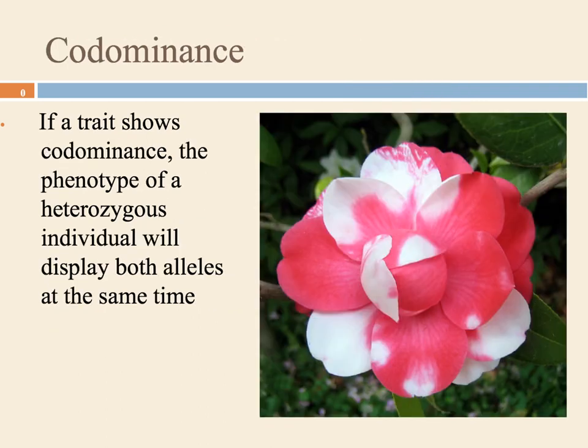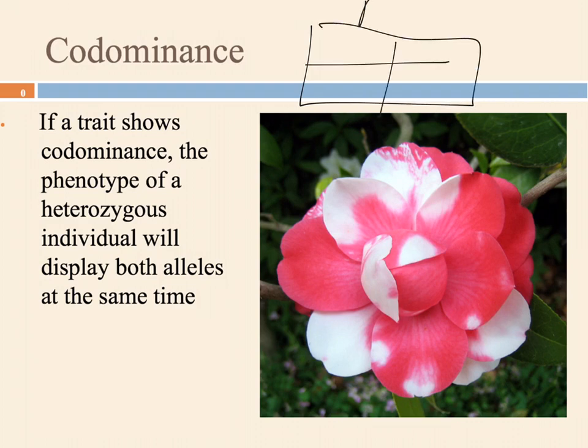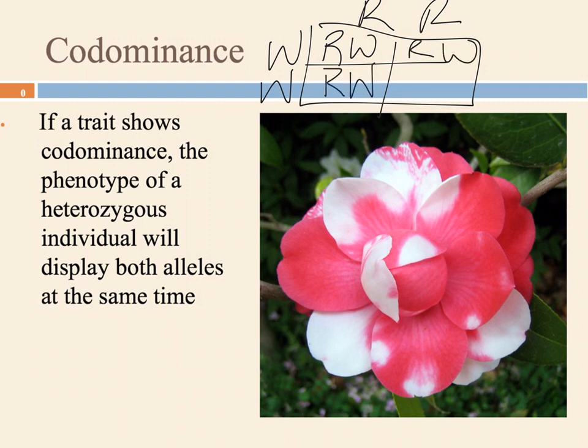Then you have crosses where you cross a red flower and a white flower. So go back to what we had a second ago. A red flower and a white flower. Now the genotype is the same. And usually when we write these, we put them in alphabetical order. So R comes before the W, so that's how we would write it. So when you cross a red flower with a white flower, all of the offspring come out looking like this.